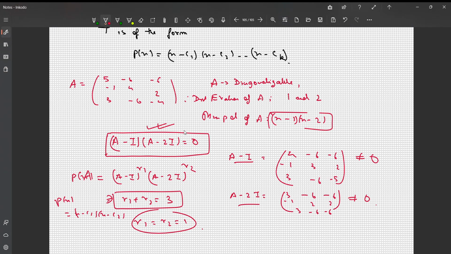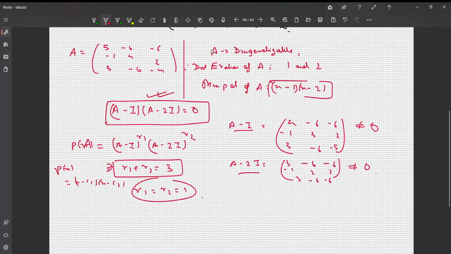The proof of this is fairly simple. Let's just consider the proof of this.